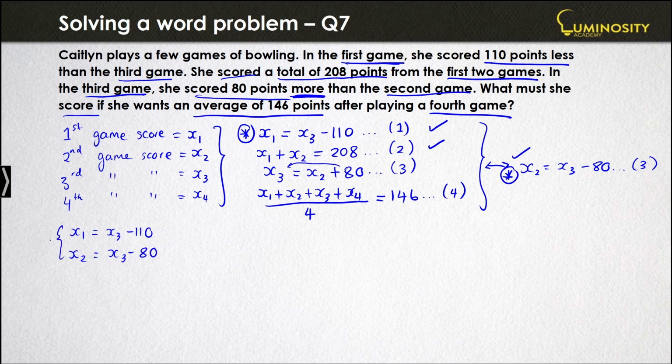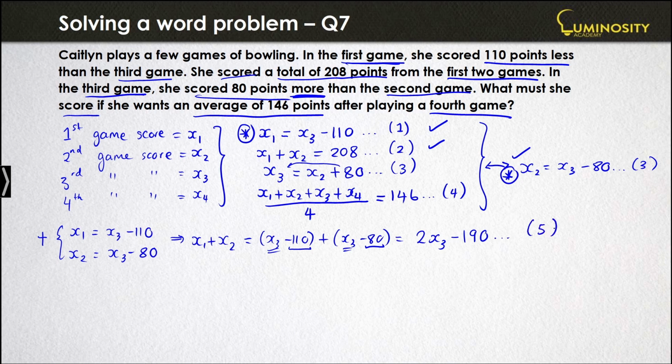So if I add these two equations, so add the left-hand sides, I get x1 plus x2. And the right-hand sides, I have x3 minus 110 plus x3 minus 80. I can clean that up. I have two amounts of x3. So that's 2 times x3. And I have negative 110 plus a negative 80. So in total, I have negative 190. Let's call this equation 5.